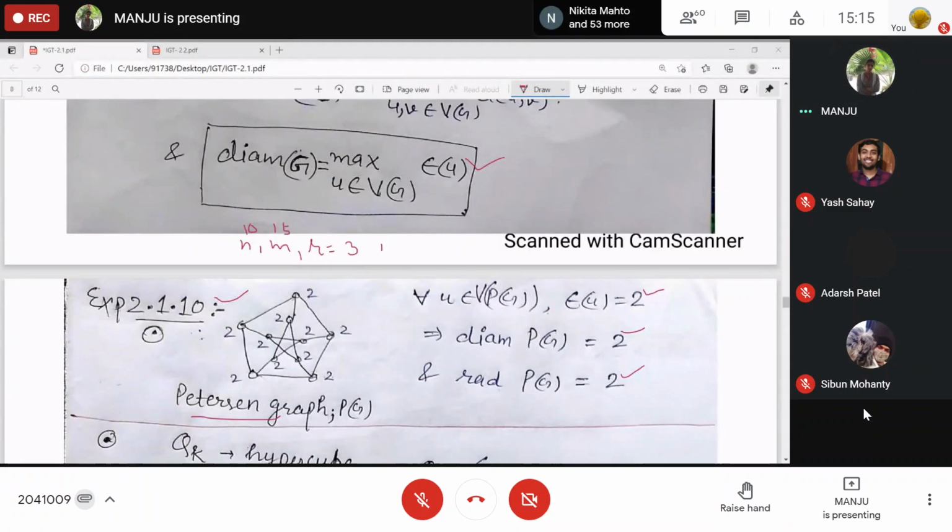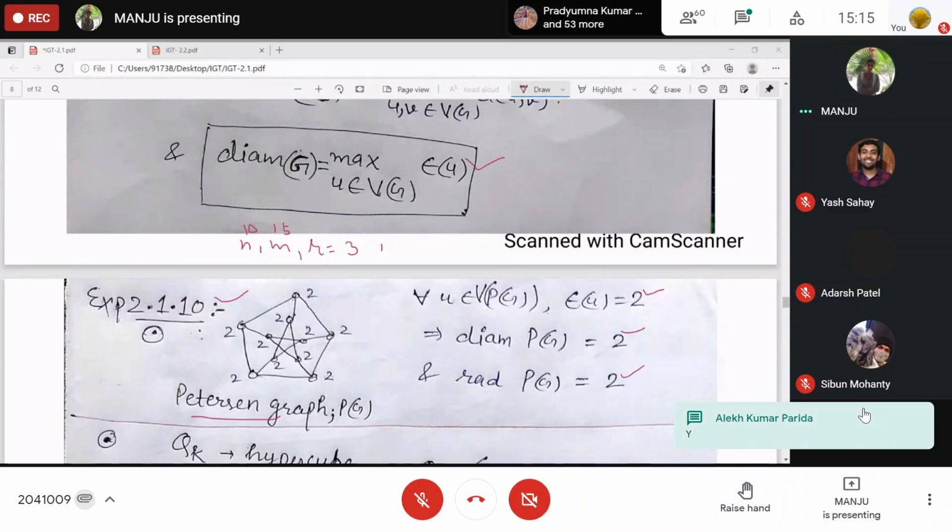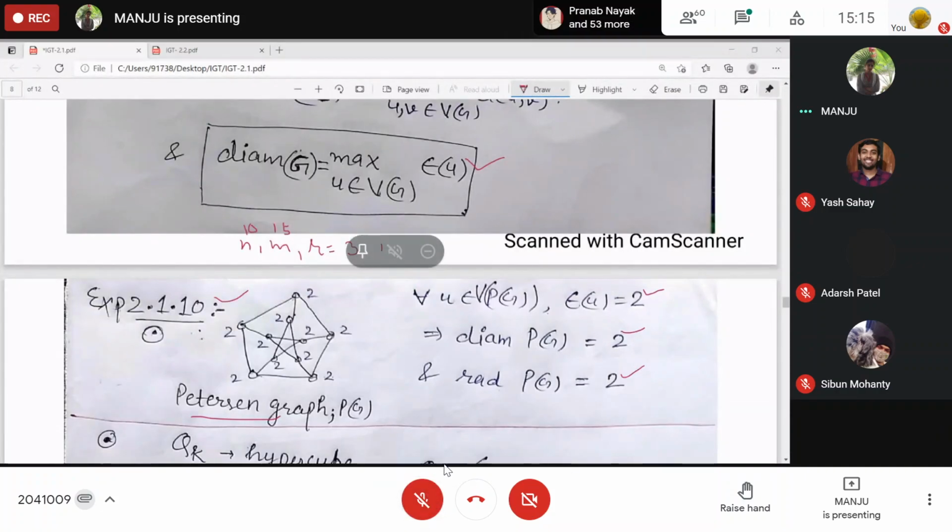Aditya Narayan. Aditya Nayak. Akanksha Srivastav. Alek Kumar Parida. Amitya Vikram. Anjali Priya. Anjali. Ashish Sahu. Yes, ma'am.